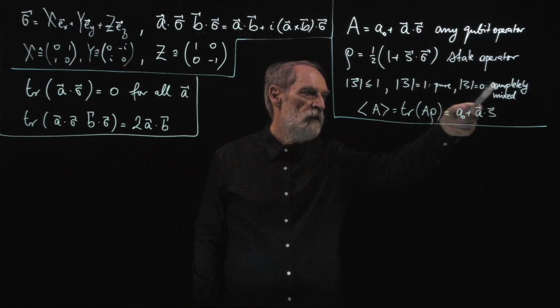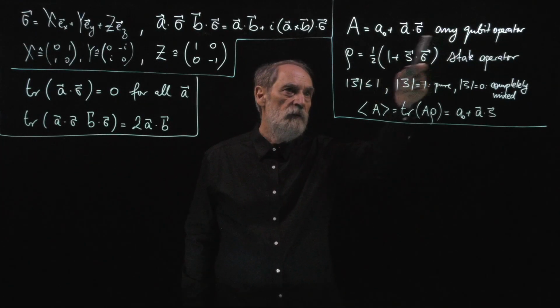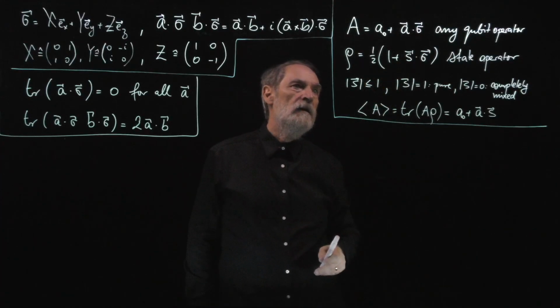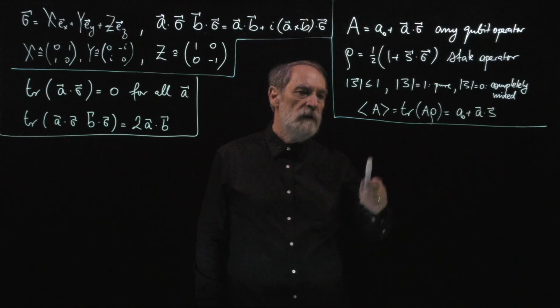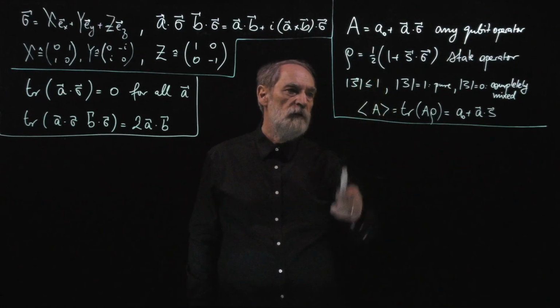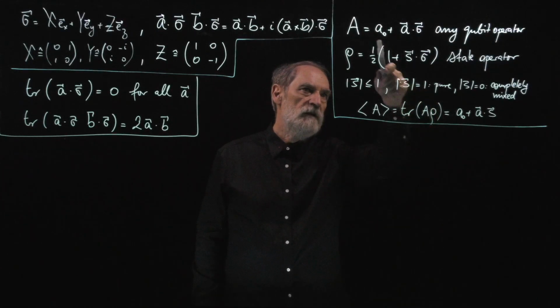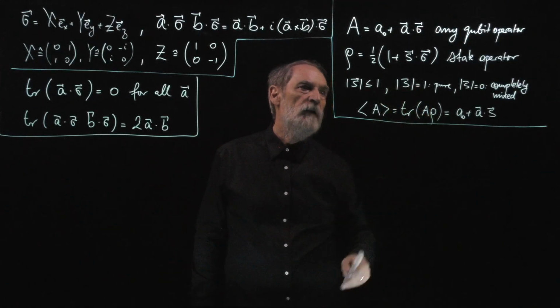If it is length 0, then we have the completely mixed state. And any qubit operator is such a linear combination of a multiple of the identity and a component of the Pauli vector operator. The expectation value of such an observable with this state operator, the trace of A rho, is just this A0 times this A vector dotted into the Pauli vector.